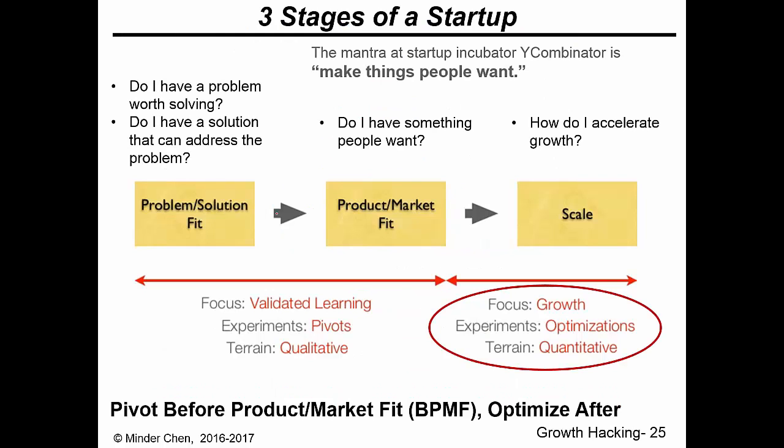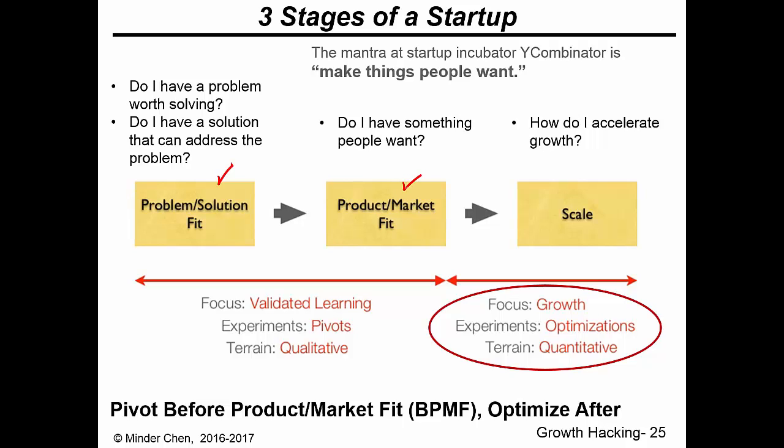And when we talk about growth hacking, we need to understand which stage we're in in terms of building a startup firm. In the early stage, we focus more on problem and solution fit. We try to identify a relevant problem, come up with a creative solution, and make sure we're solving the right problem.